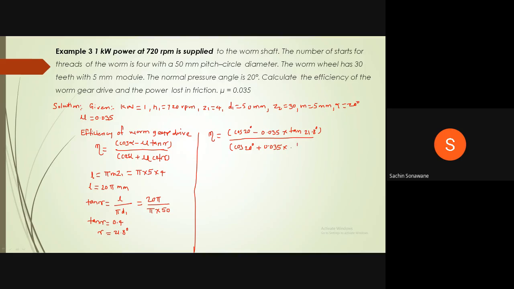We will write down 1 divided by tan of 21.8 degree.